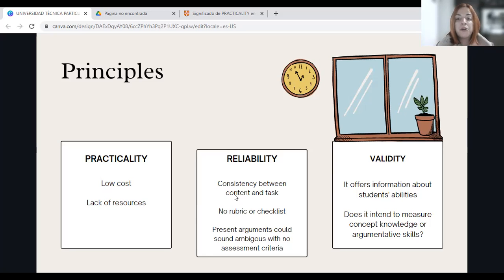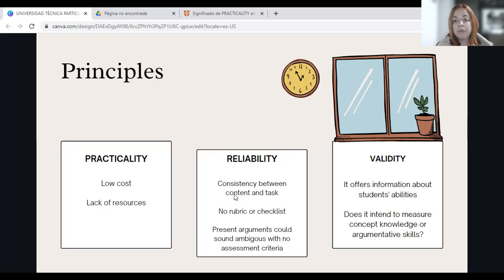And when there are no further instructions or checklists for this kind of activities, it could be ambiguous. For example, present arguments. I think it is too wide, so there might be a necessity to explain, give more instructions, and maybe, of course, a checklist or a rubric.